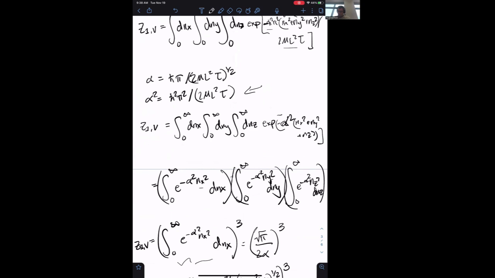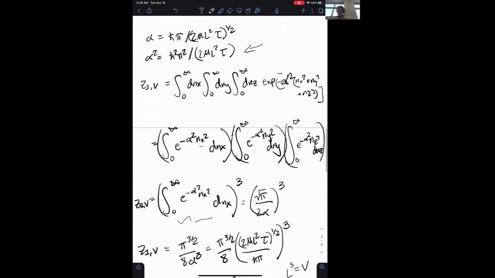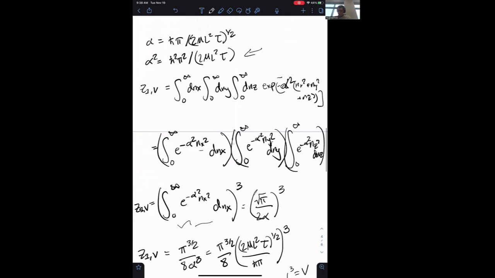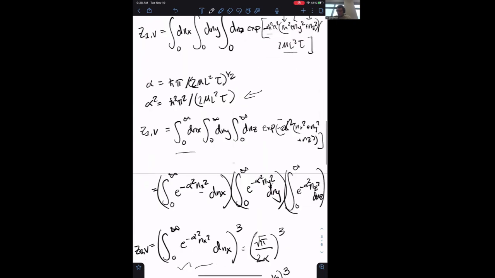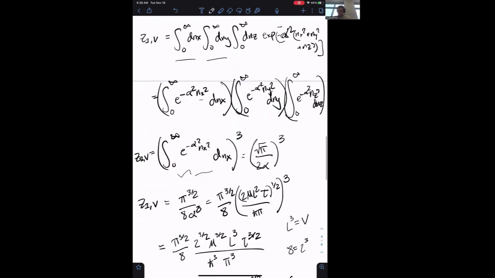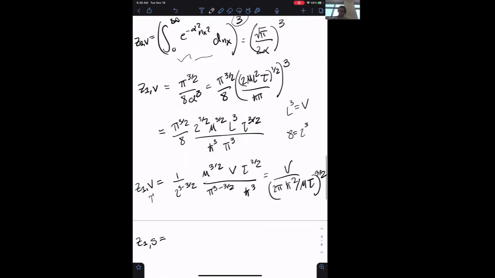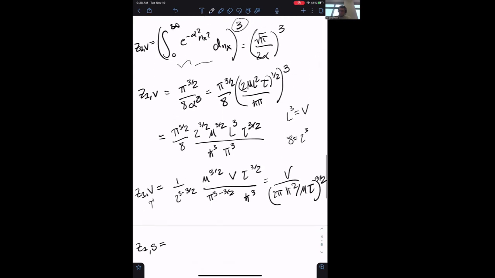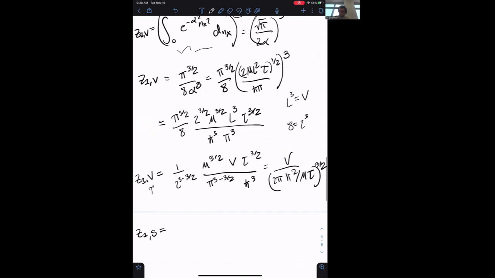Obviously, the surface is 2D, the volume is 3D. So that means we only have dnx and dny to integrate over. Instead of cubing it, because these integrals are exactly the same, we're just going to square that integral. So we can really just copy exactly what we had up there for the volume partition function.